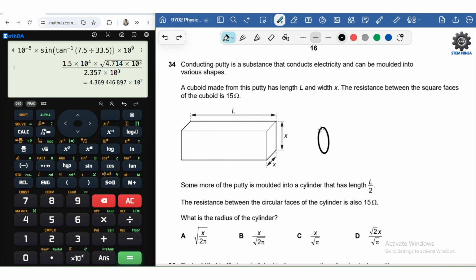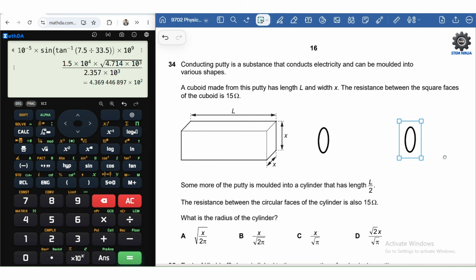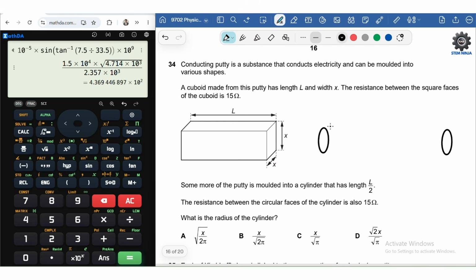So you have a circular face; this is the length L, and this has length L over 2. We don't know the area of the cross section. Over here the area is x squared. What is the radius of the cylinder?